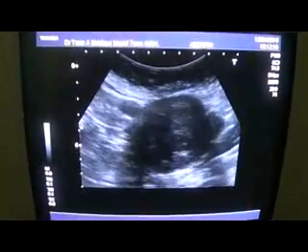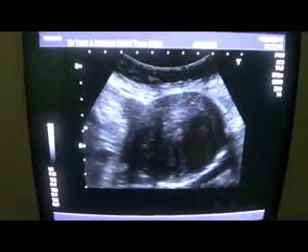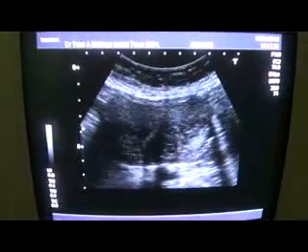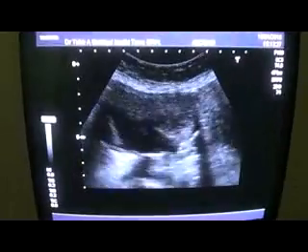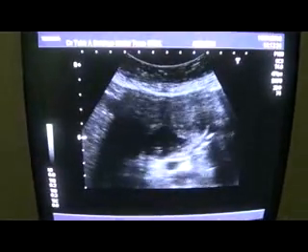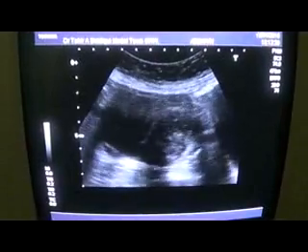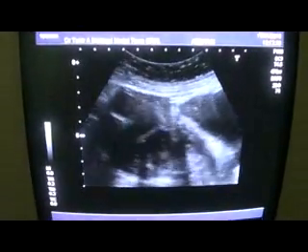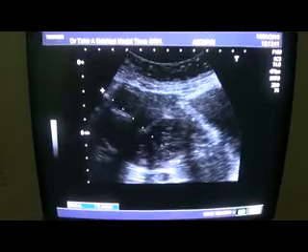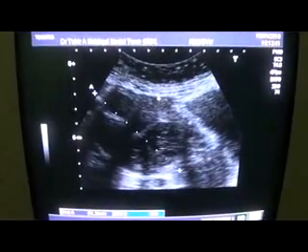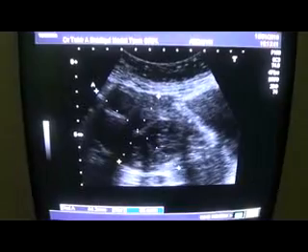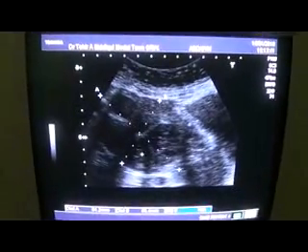Here we come across the uterus. This is the fibroid, the endometrial canal, this one, and here we come across the complex cyst, and this cyst measures approximately 8.4 centimeters by 5.6 centimeters, and you can see that these are the septas, thick septa.